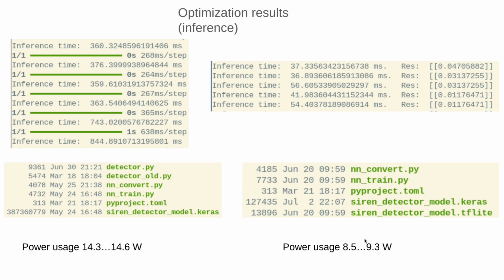It's not dropped to maybe 3 watts just because this laptop has almost 6 or 7 watts idle power consumption without anything running. So with a normal laptop, we cannot go too low. But you can see a dramatic increase in speed and a dramatic decrease in power consumption, and almost also in memory consumption.